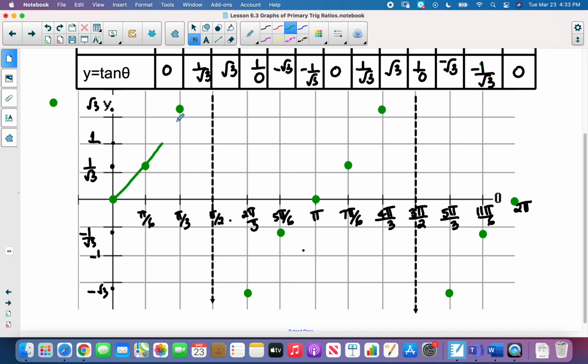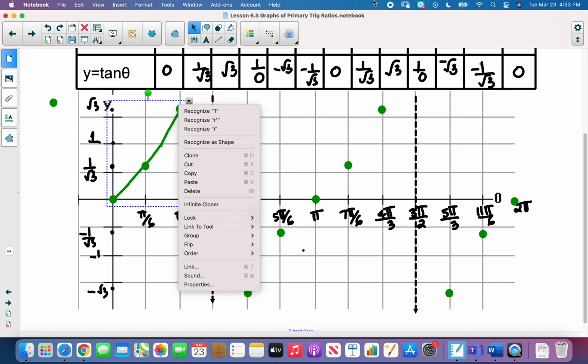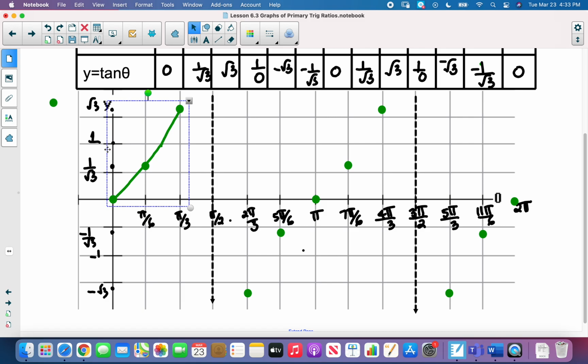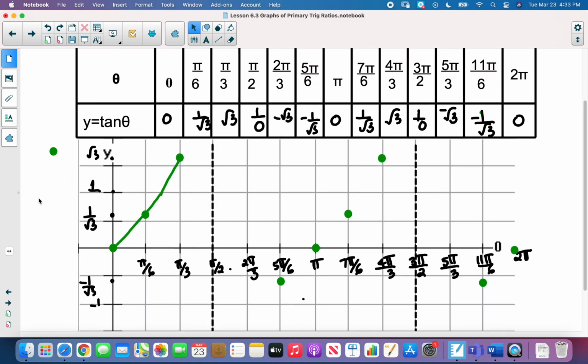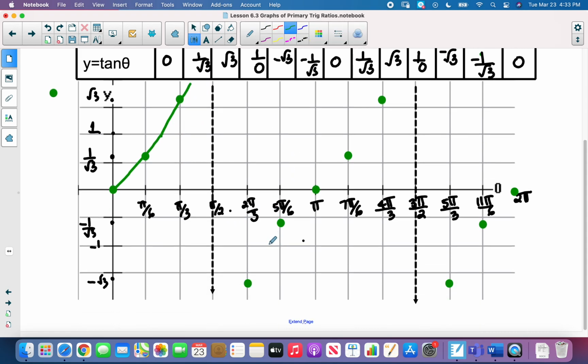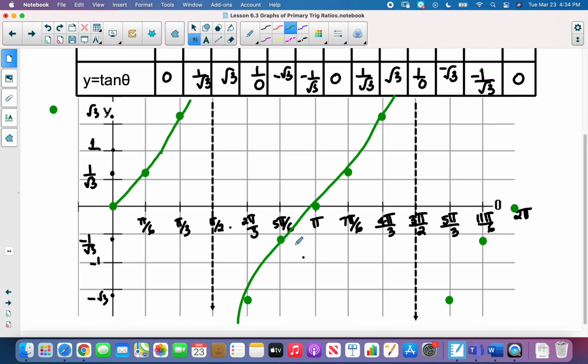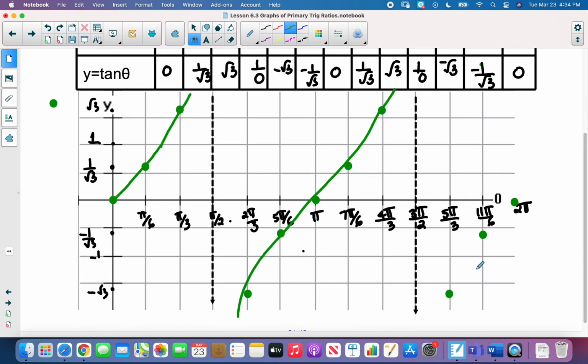So your graph is approaching this vertical asymptote. Trying to draw a smooth curve, it actually looks something like this, where it's approaching the asymptotes on both sides.